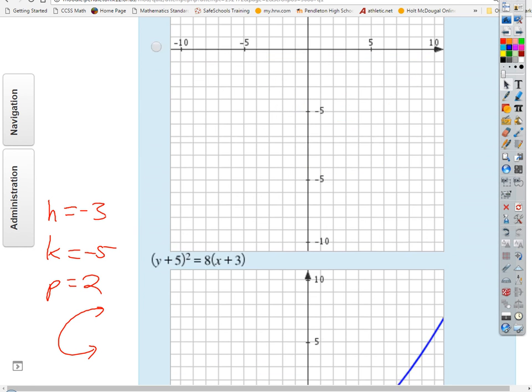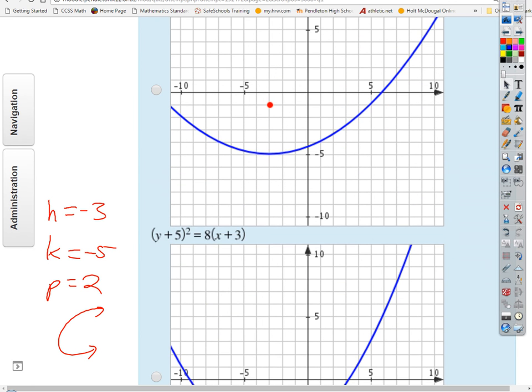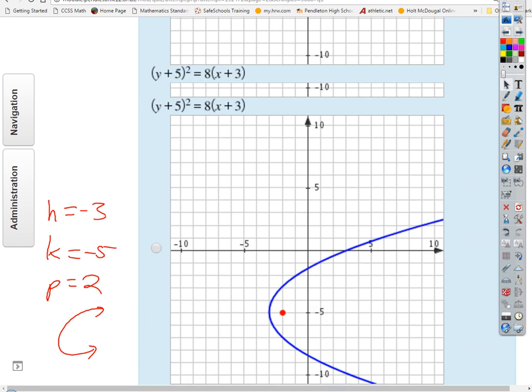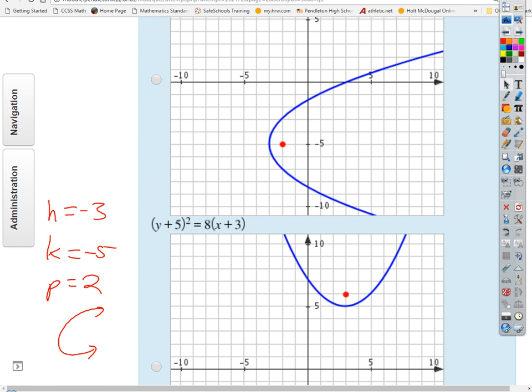Okay, so -3, -5. Well, that's the right place, but that parabola is not opening sideways, right? So that's not it. Okay, what about this guy? -3, -5, so that looks pretty good. We got the right vertex, don't we? But what's the value of p for this parabola? Only 1, because we only have to travel 1 from focus to vertex, or vertex to focus. So that's not it. So we got to keep looking.